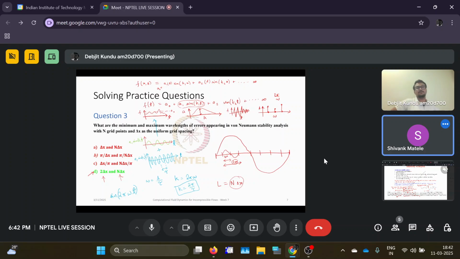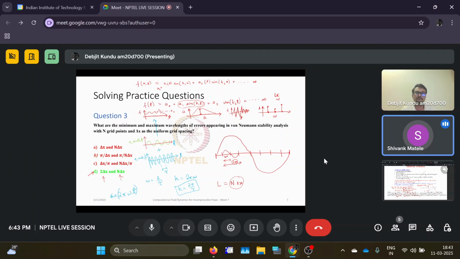Exactly. If you take sine waves of wave number k and multiply them with the given amplitude A, you will get back f. That's the same information conveyed in a different language. So this is about Fourier series.